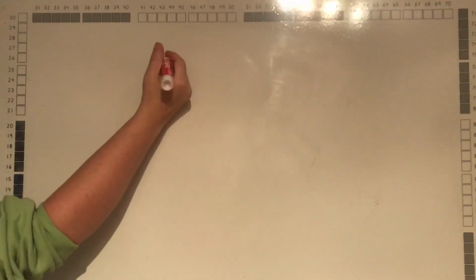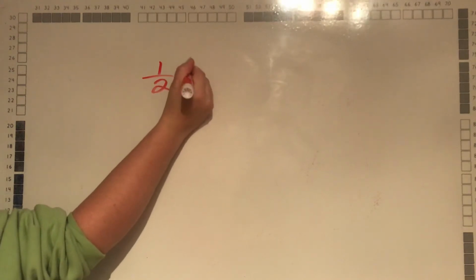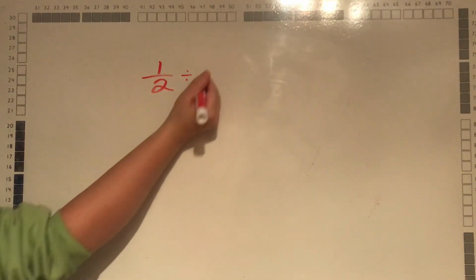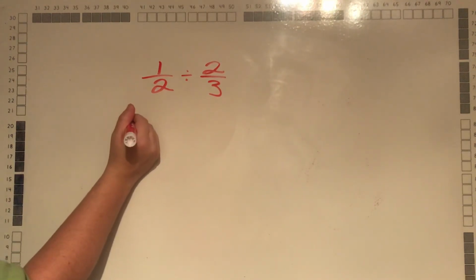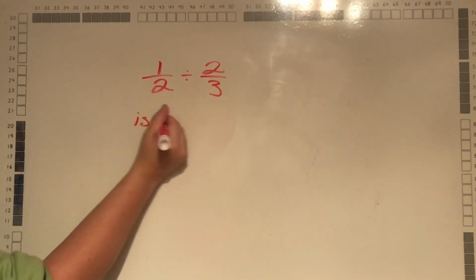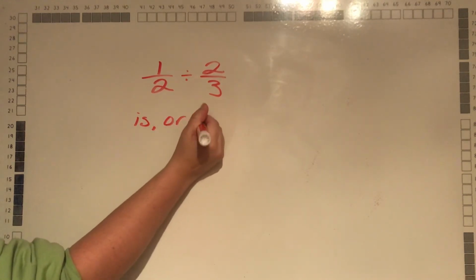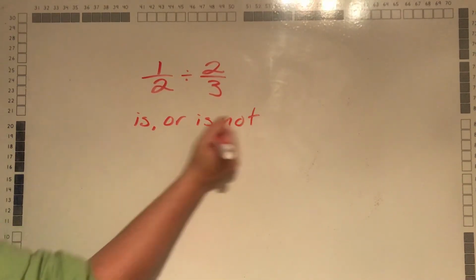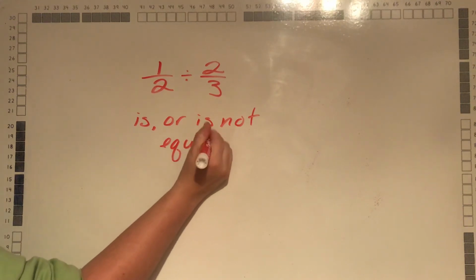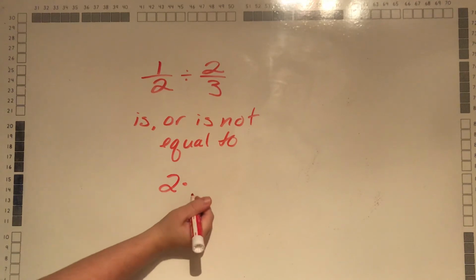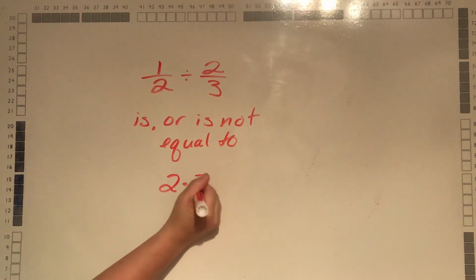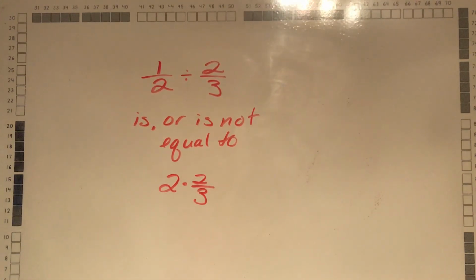It says to tell me whether or not 1/2 divided by 2/3 is or is not equal to 2 times 2/3.